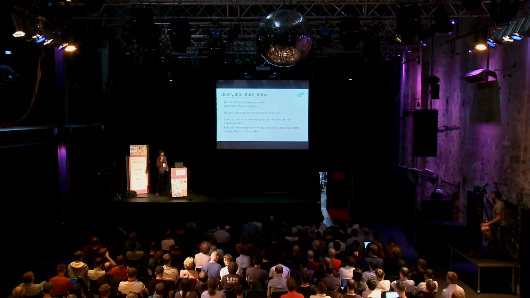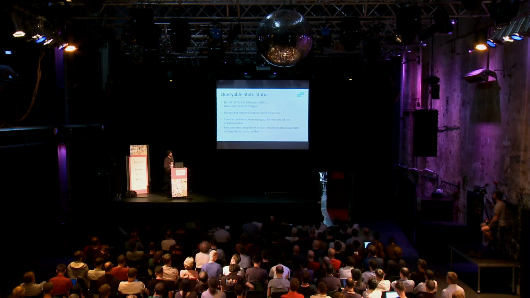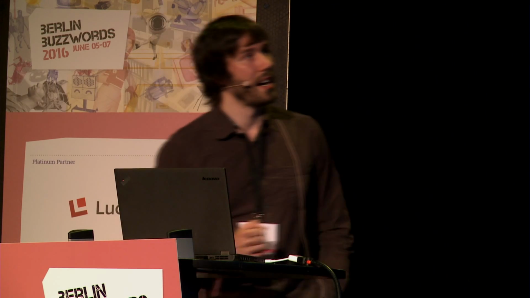The current state of Queryable state is that it's not yet in any full release. There's an open pull request for Flink. You can check out this pull request, run a job, instantiate a query client, issue some queries, and do some experiments. The exact design and implementation are a little bit under evolution, so we're still trying to tune here and there to see what works best.